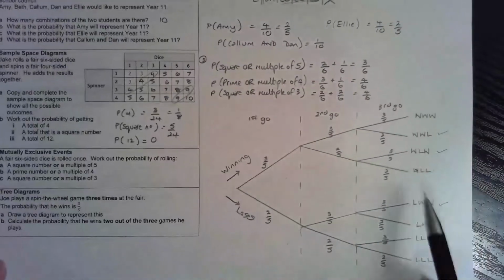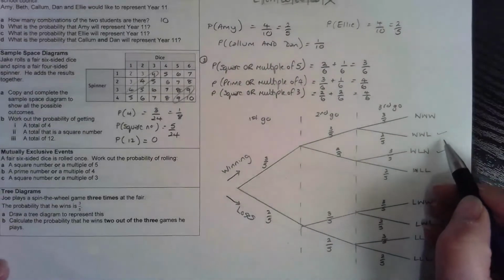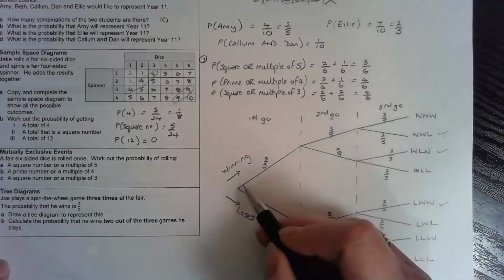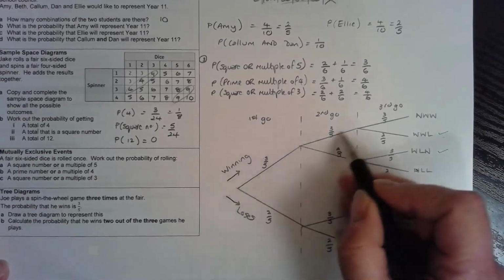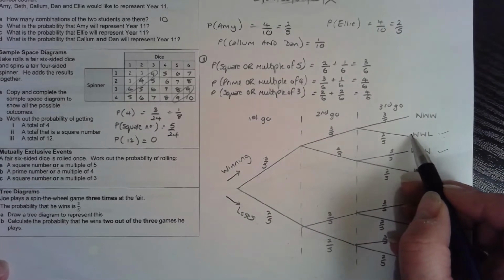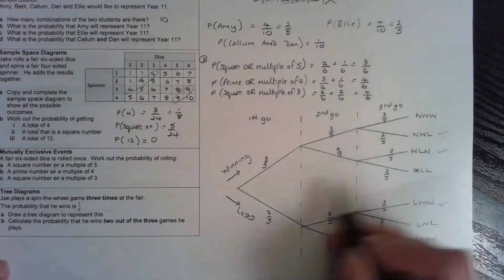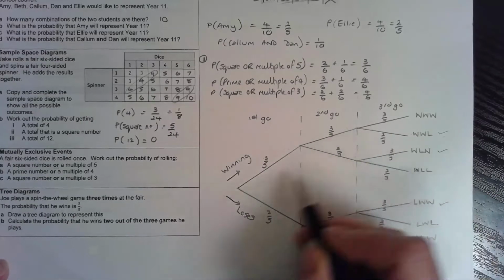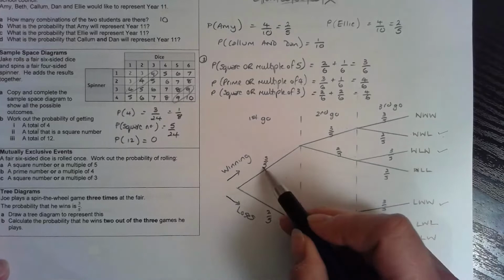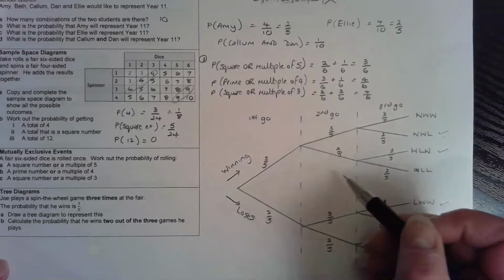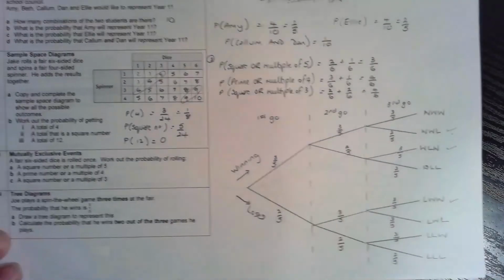So I know that if I wanted to work out the probability for the end of this branch, it is 3/5 times 3/5 times 2/5. Each of these branch endings is a combination of a 3/5 multiplied by a 3/5 multiplied by a 2/5.